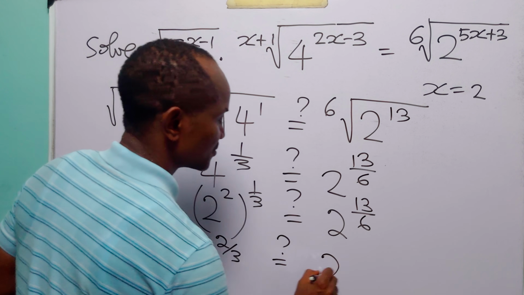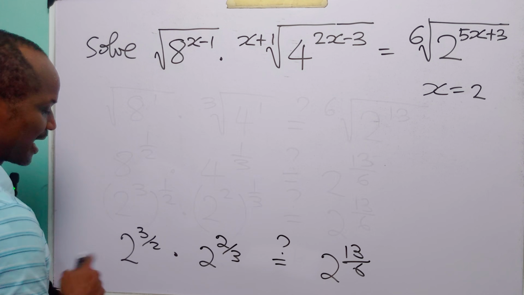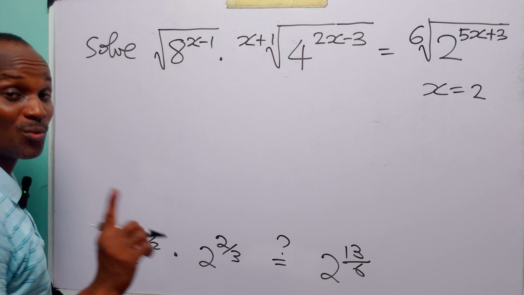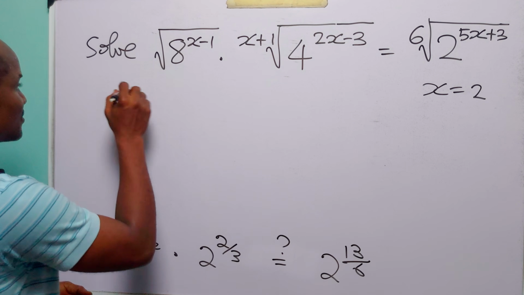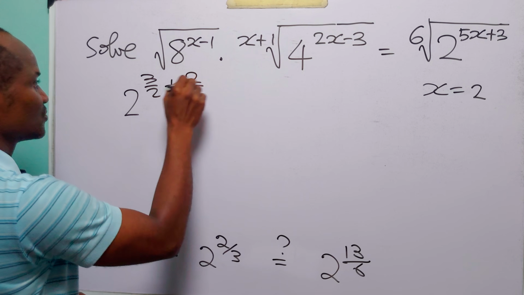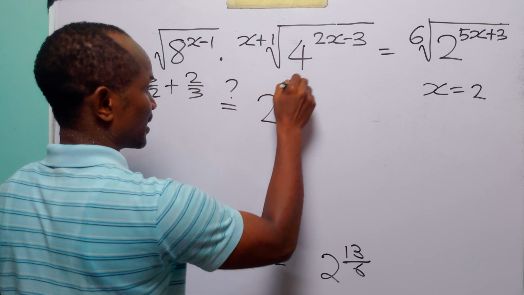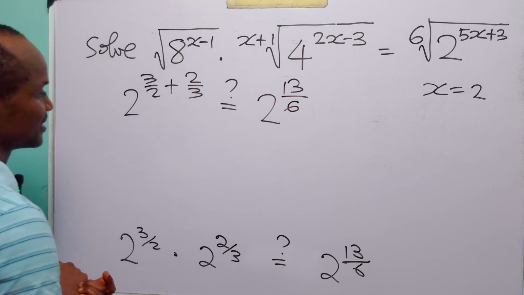And to multiply these two, we add their exponents. So we have 2 to the power 3 over 2 plus 2 over 3. Is this equal to 2 to the power 13 over 6?